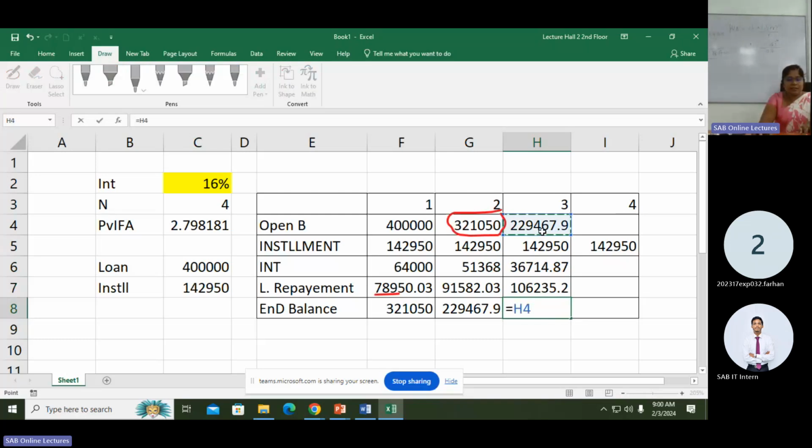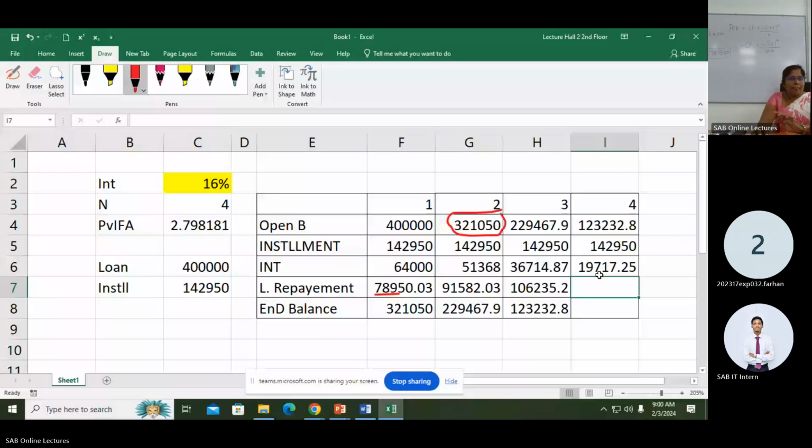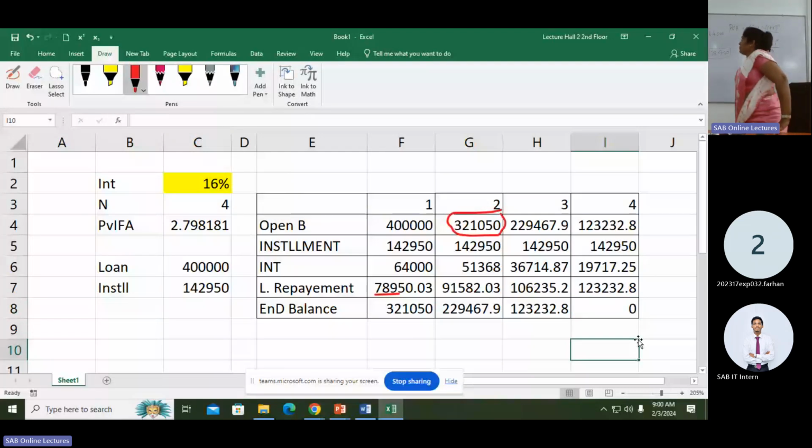Then the ending balance at the end of year 3 is 123,232. This is the opening balance for year 4. Now the bank charges interest at 16%. This is the interest component. If you get the total here, loan repayment is equal to 142,000 minus interest, and this gives the outstanding balance, which is equal to 0. Loan balance equals 0.